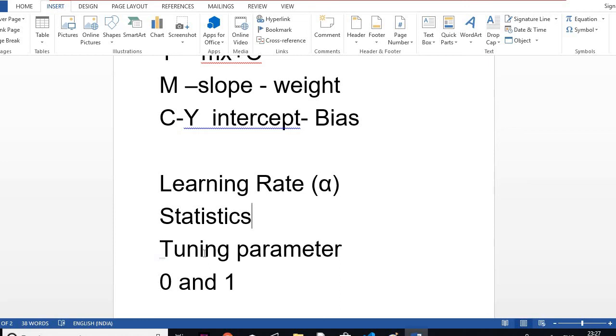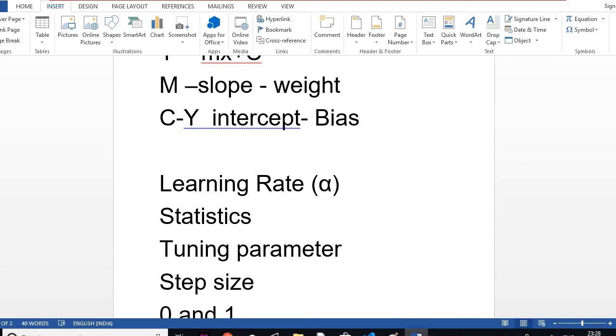Gradient descent is an optimization algorithm, and this learning rate determines the step size. Very important. This tuning parameter determines the step size at each iteration while we are moving towards the minimum of a cost function.